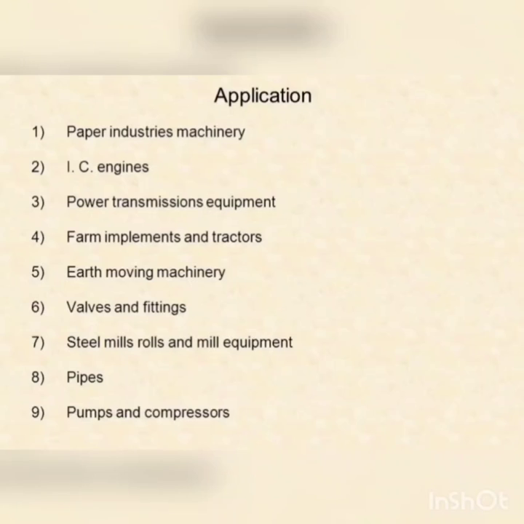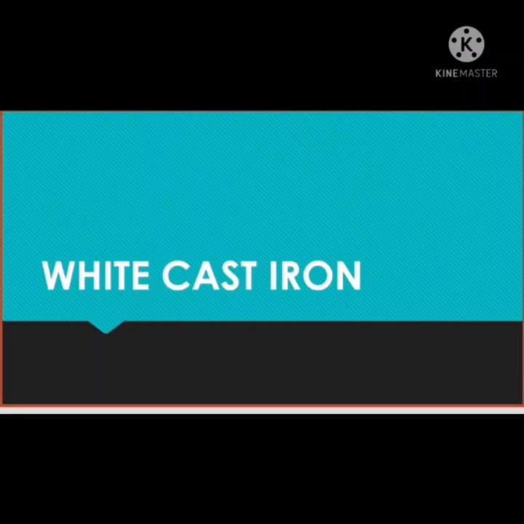Due to this good wear resistance, shock resistance, and good strength, nodular cast iron is widely used for metalworking rods, and it is also used for crankshafts and for agriculture implements.